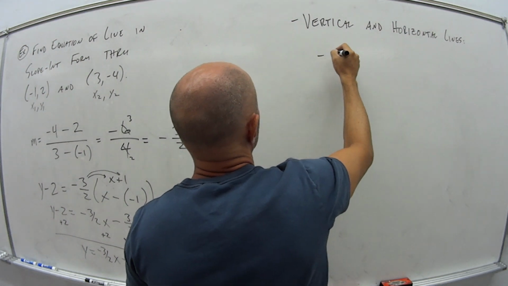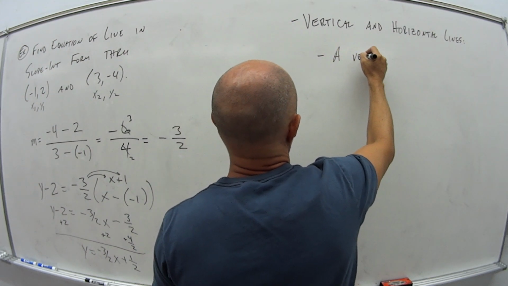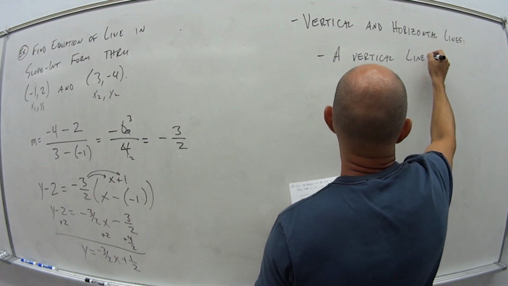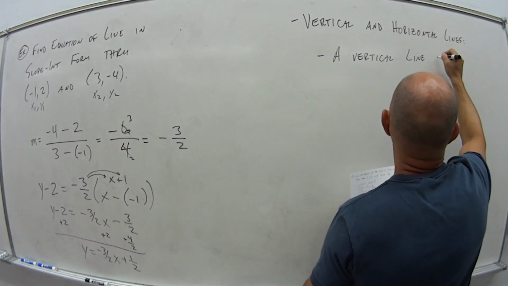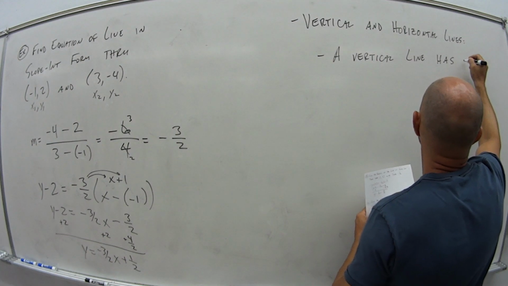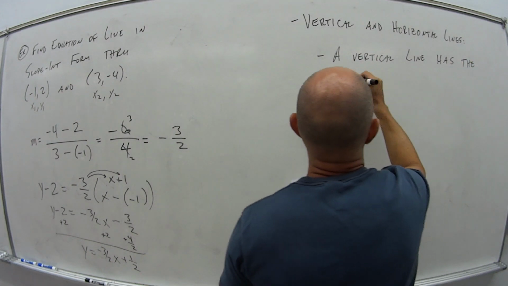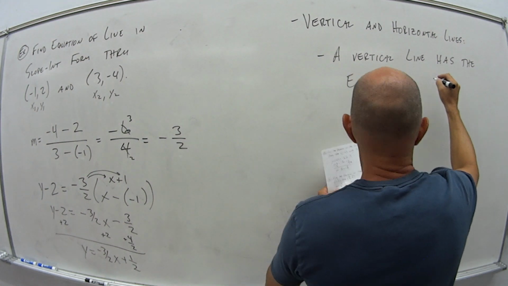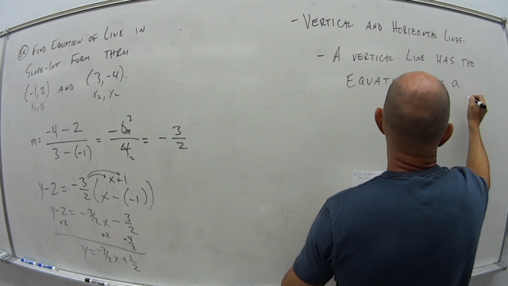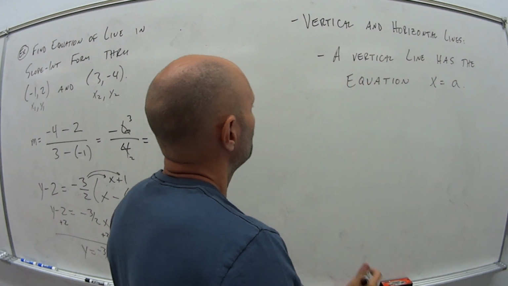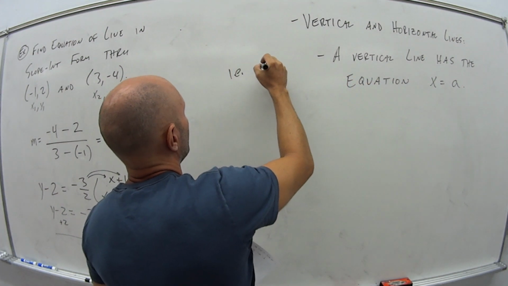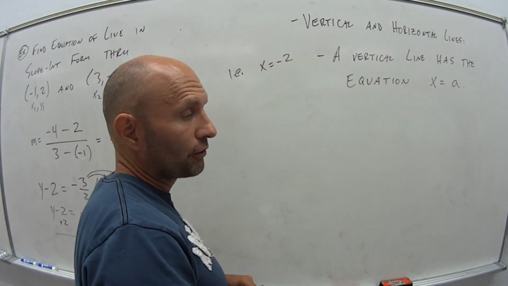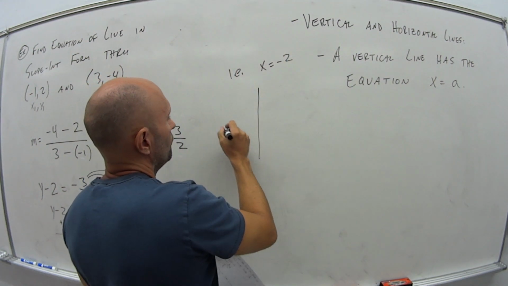So first, as we mentioned before, a vertical line has an equation x equals a. So for example, if I have the equation x equals negative 2, that's a vertical line going through negative 2, right?